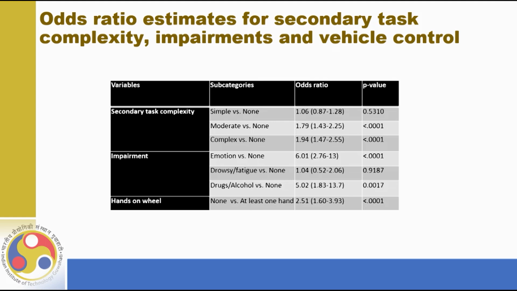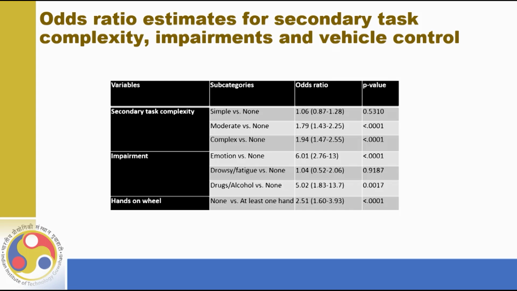The risk is found to be indifferent. But if we look into the moderate and complex tasks, with the increase in complexity, the risk associated with this kind of task is also increasing.